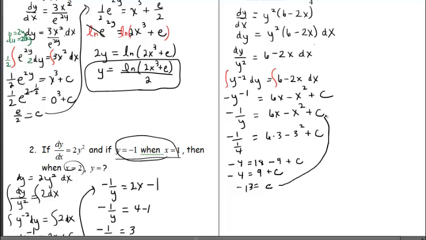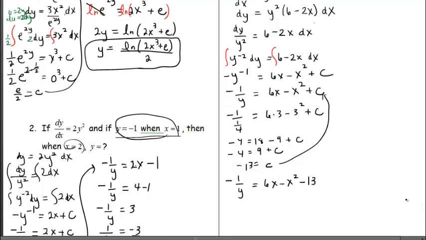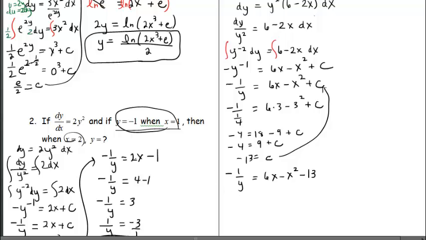Maybe about right here. -1 over y equals 6x minus x squared minus 13. Okay, I know it's a little uncomfortable, but like on the last problem, let's go ahead and find the opposite of everything and then reciprocate. So +1 over y is equal to the opposite of all the terms over here.